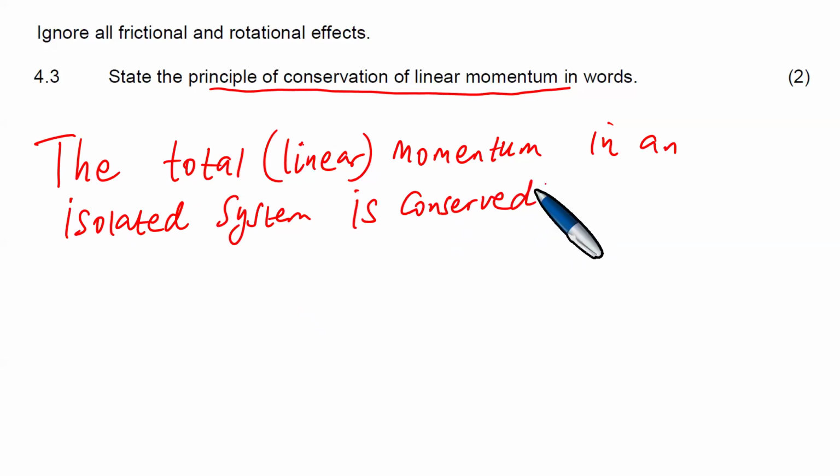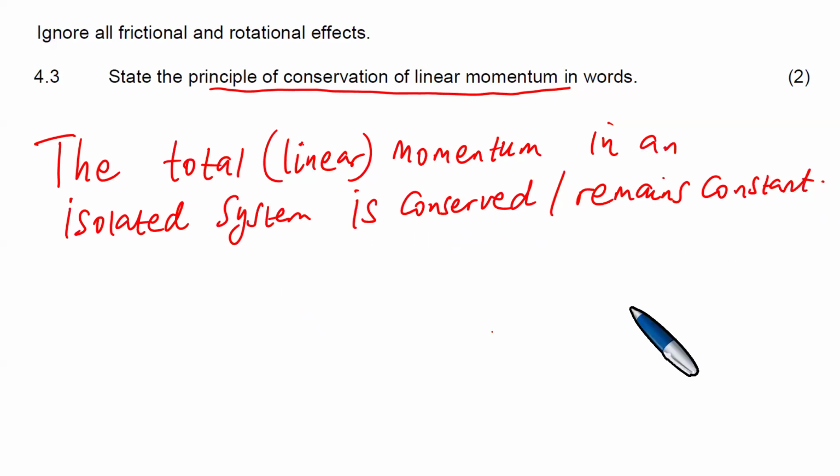Or if you don't want to say it's conserved, you can say it remains constant. So the total linear momentum in an isolated system is conserved, or it is constant. These are the kinds of things that you need to take note of. And this is the principle of conservation of linear momentum in words. Okay, right.